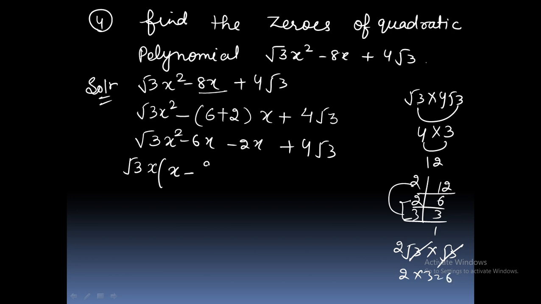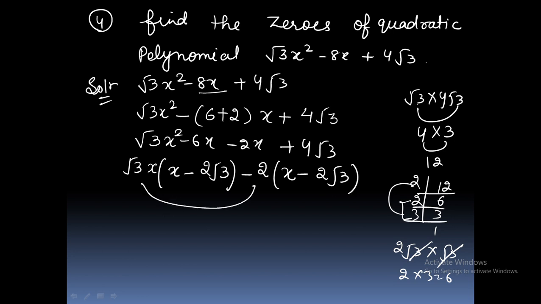So we will write 2 root 3 minus 2 common, then we will get x minus 2 root 3 and minus 4 root 3. These two common factors we will write in one bracket, and out of these we will take one common factor, x minus 2 root 3.